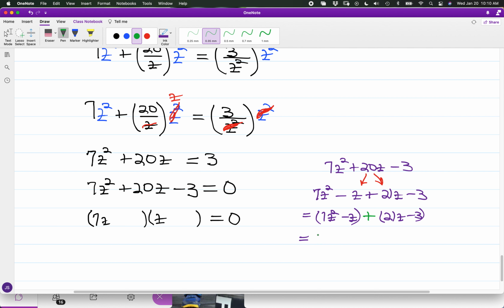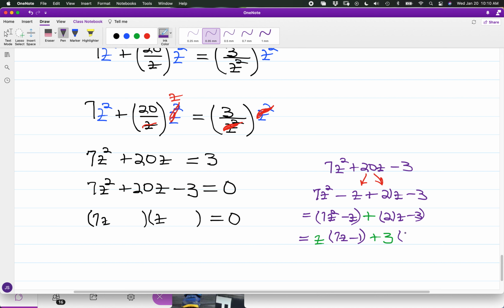For 7z squared minus z, the highest order term is going to be z. So z times the quantity 7z minus 1. And we have plus, and for 21z minus 3, the greatest common factor is going to be 3. This will go into the last set of terms, 7z minus 1 times.